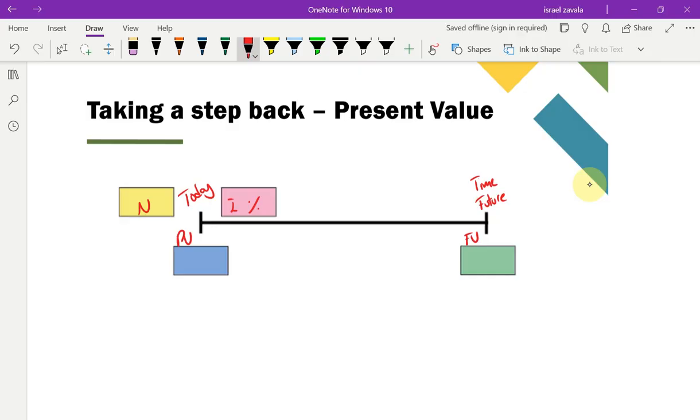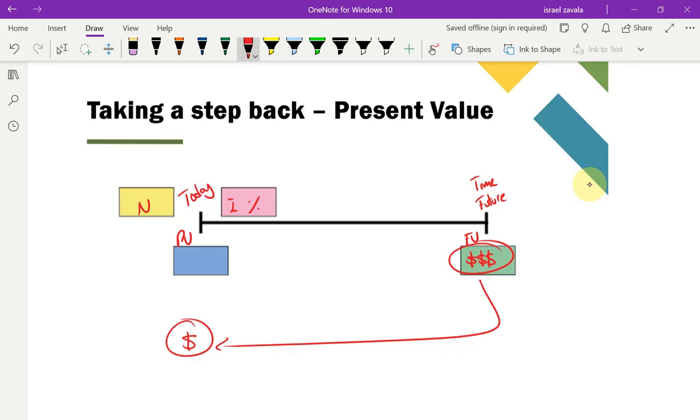Okay, so we all know that when we have a dollar amount in the future and we want to find what the present value is, typically that amount tends to get smaller, right? So as it moves through time backwards, the discount rate has a larger impact on this future value amount.